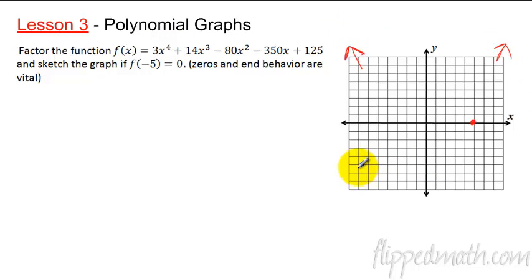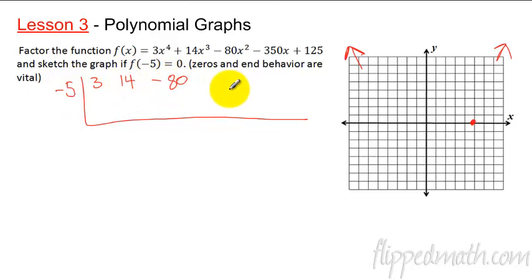Okay, what else can we get? Well, let's divide all this out. So if I have negative 5 and then my synthetic division, 3, 14, negative 80, negative 350, and 125. So nothing there. 3 comes down.